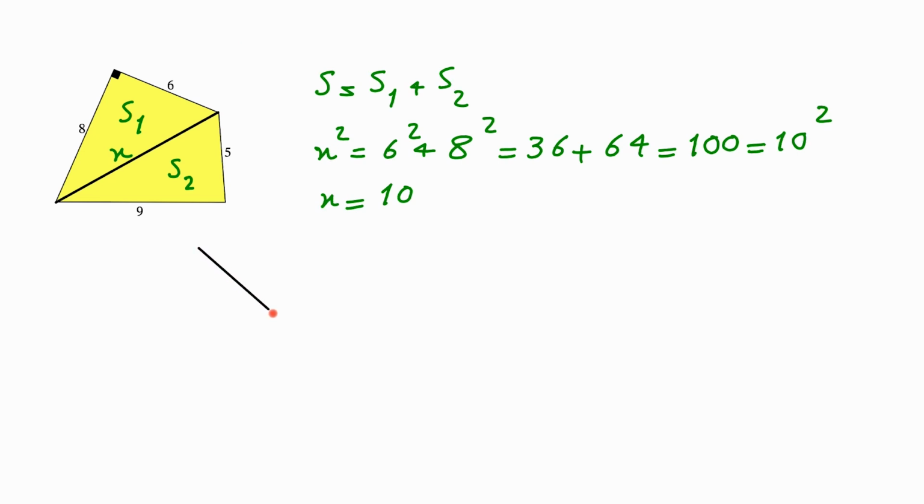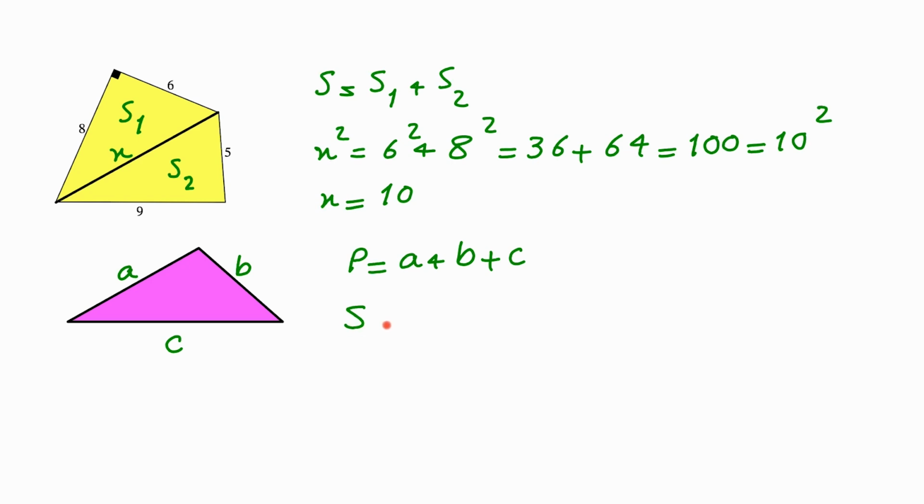In Heron formula, if we have a scalene triangle, if we have all of the side lengths, which I call A, B and C, first we find the perimeter, which is the sum of A plus B plus C, and then define a parameter, which is the semi-perimeter.